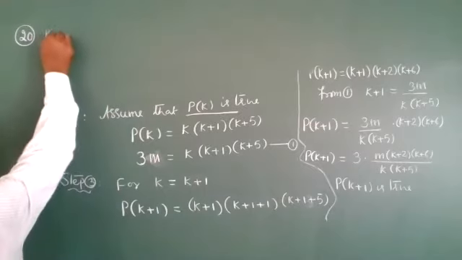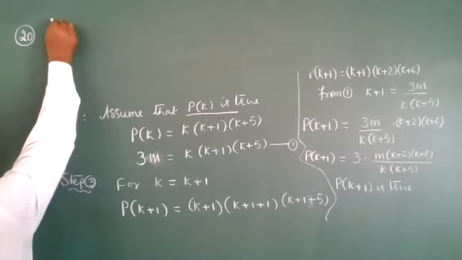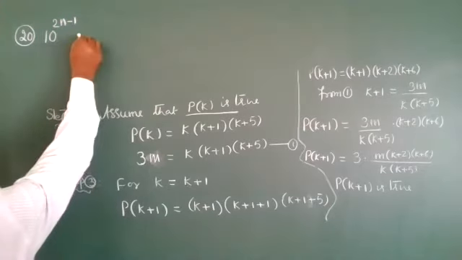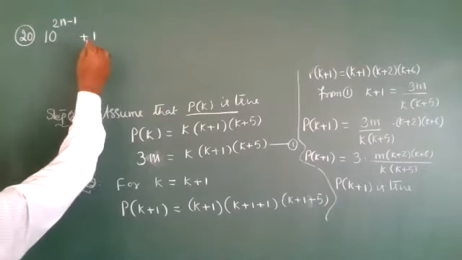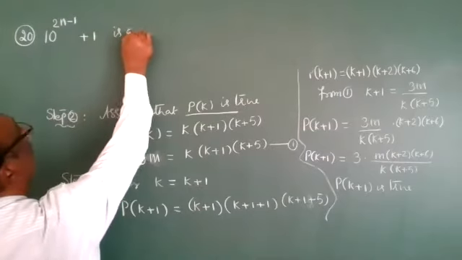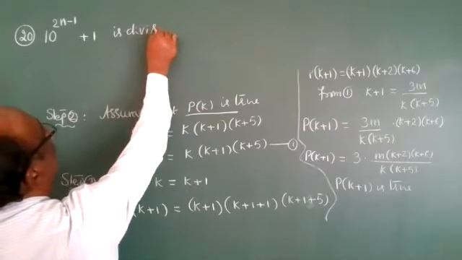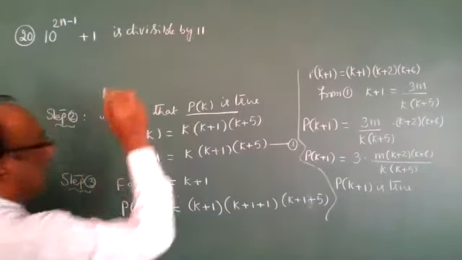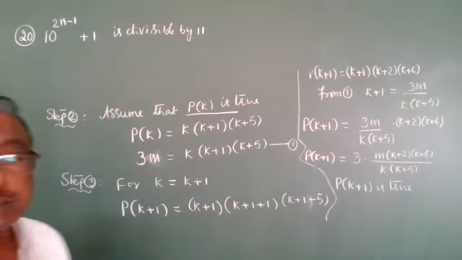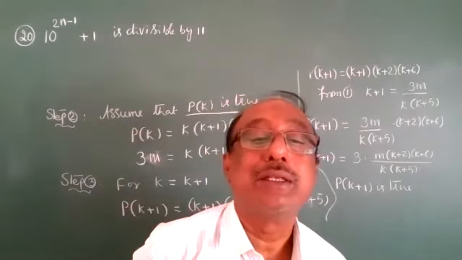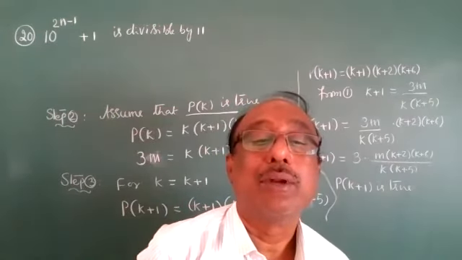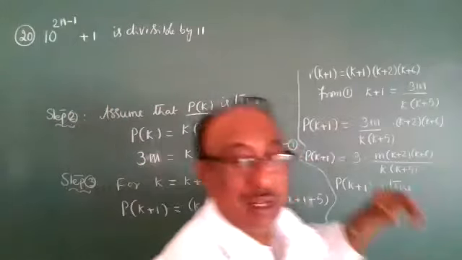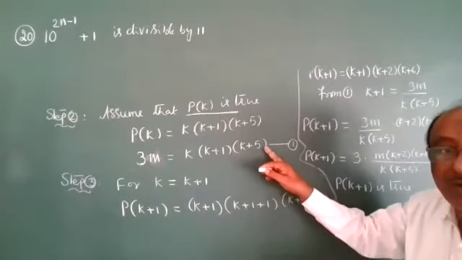The 20th problem: 10 to the power of 2n minus 1, plus 1, is divisible by 11. So the second step is from equation 1.